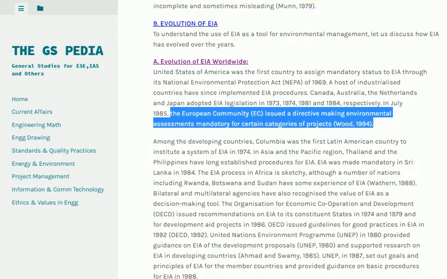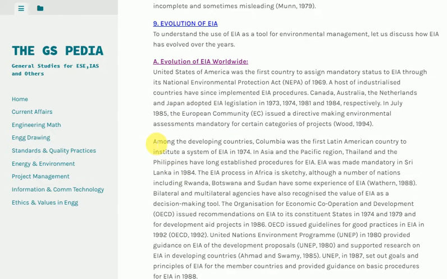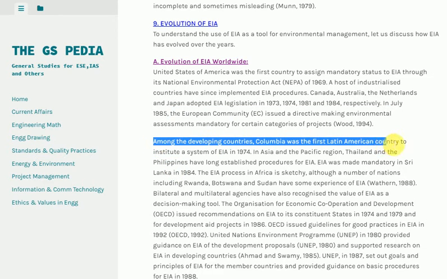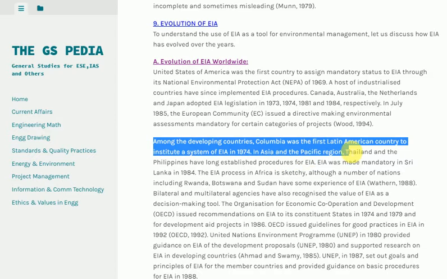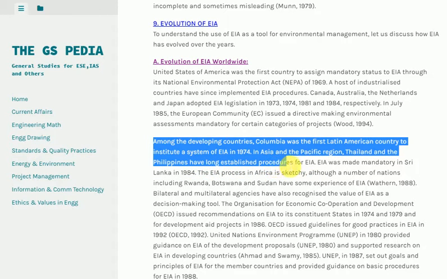Among the developing countries, Colombia was the first Latin American country to institute a system of EIA in 1974. In Asia and the Pacific region, Thailand and the Philippines have long established procedures for EIA. It was made mandatory in Sri Lanka in 1984.